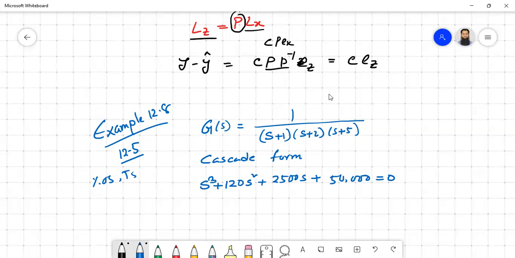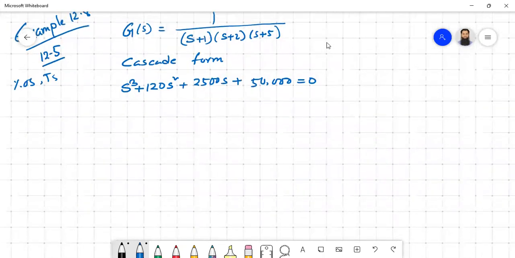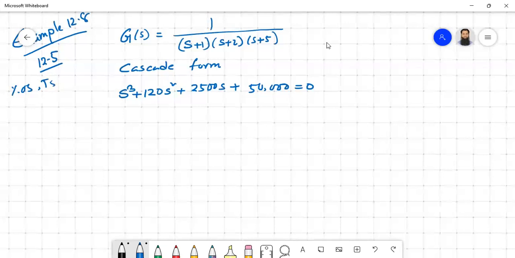The first thing that you should do is figure out the signal flow graph. So basically we have three integrators: 1 by S, 1 by S, 1 by S. And the feedback is -1, -2, -3.